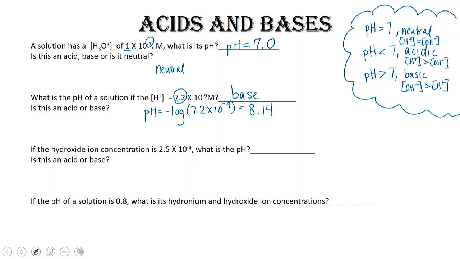Okay, the last problem says if the pH of a solution is 0.8, what is its hydronium ion and hydroxide ion concentrations?